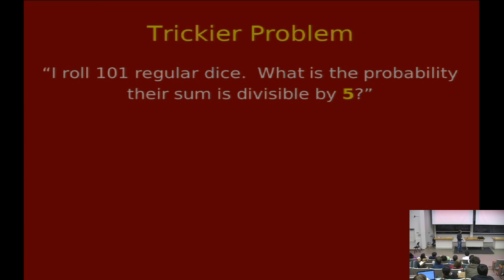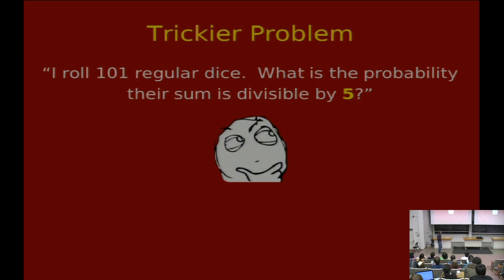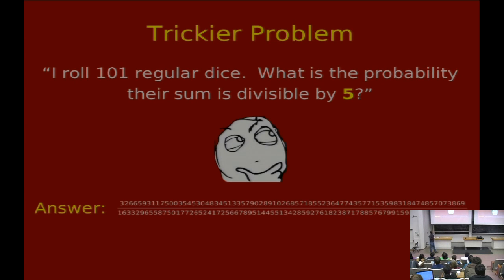You see, it looks similar, but the trick does not work here, because if you roll the first 100 dice, you're on some number k. You're either going to get k plus 1 up to k plus 6, and it could be that one of those is divisible by 5, or two of them are divisible by 5. So basically, the trick doesn't work, and you're kind of screwed. Actually, this is the answer.